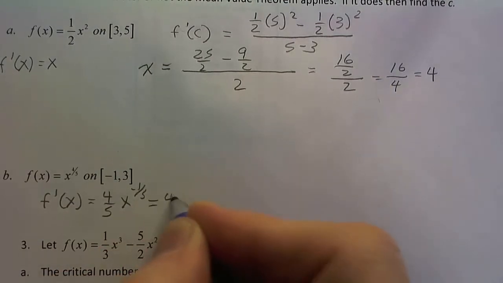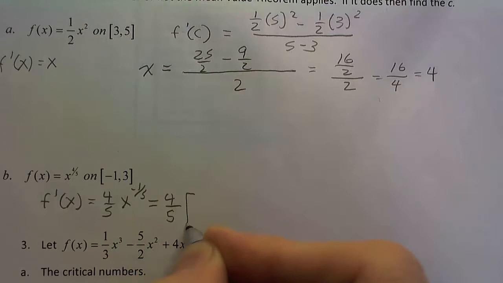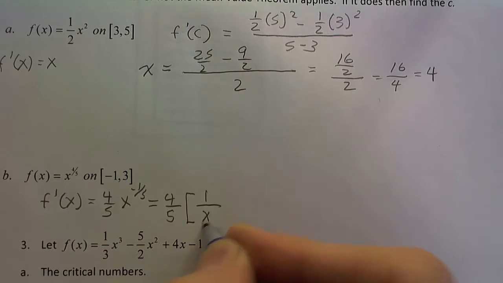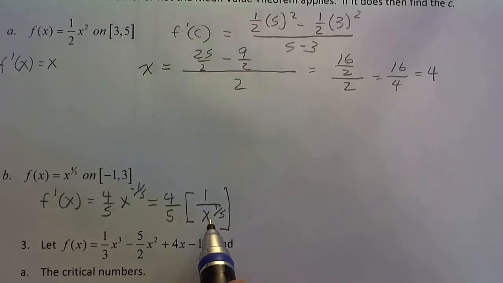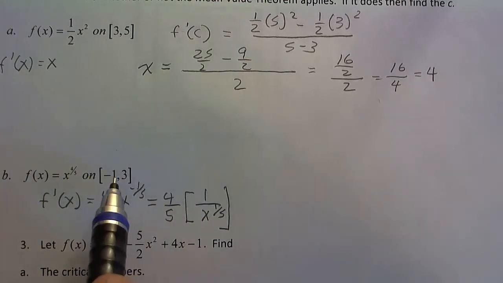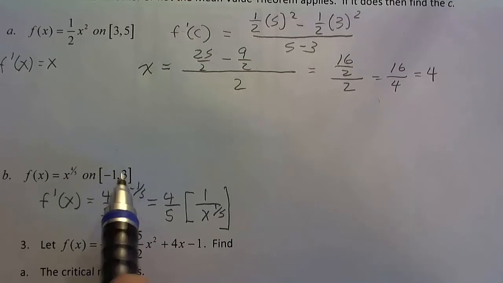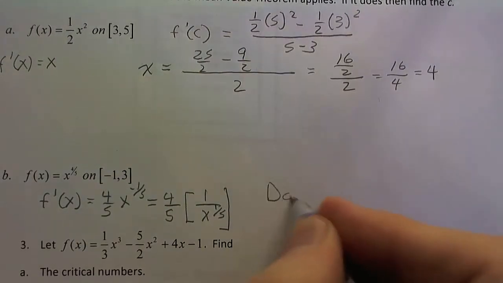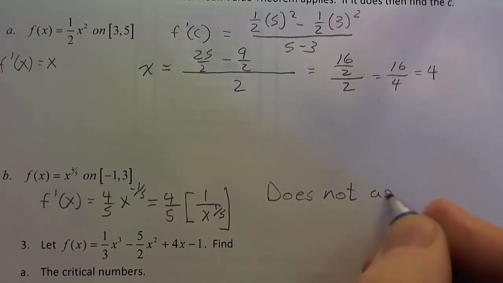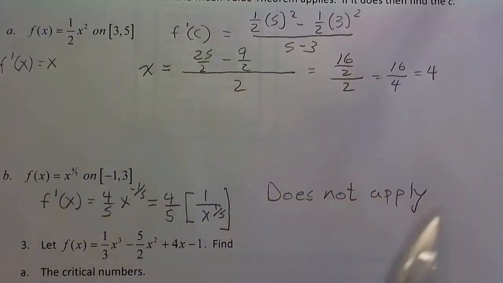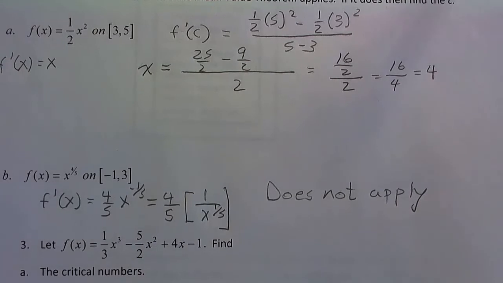So we've got 4/5 times 1 over x to the 5th. Now this is not defined at 0. So 0 is in this interval between -1 and 3, so this one does not apply. So we're done with that. The mean value theorem doesn't apply there.